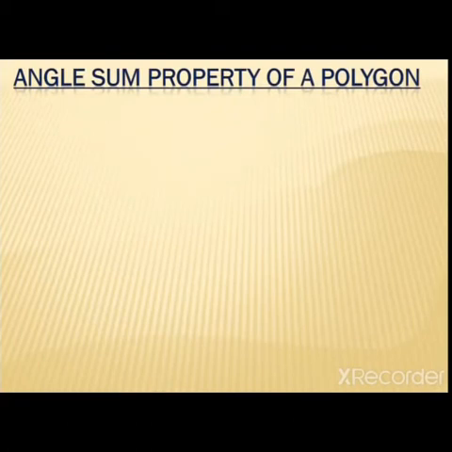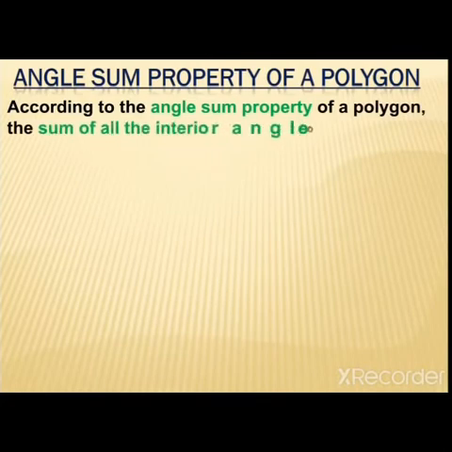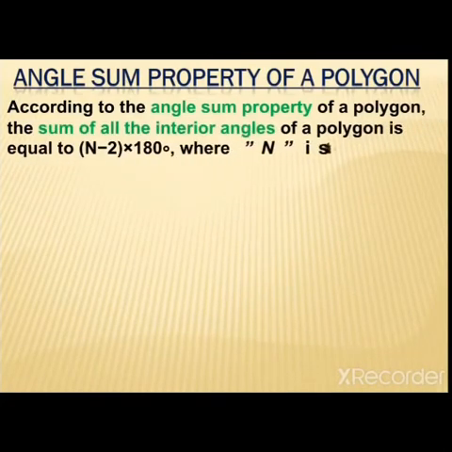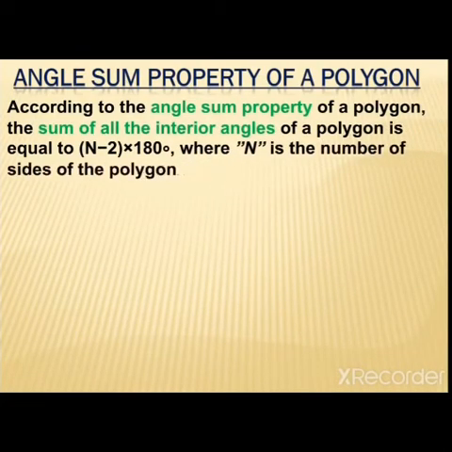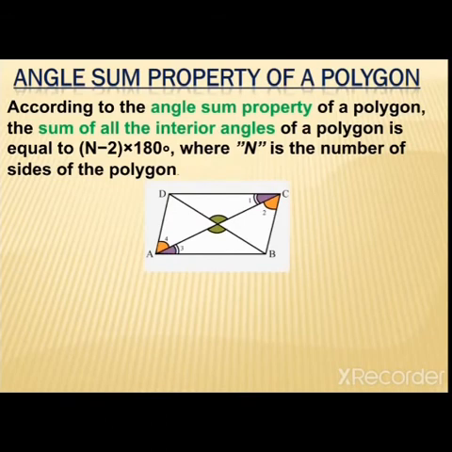Now angle sum property of a polygon. According to the angle sum property of a polygon, the sum of all the interior angles of a polygon is equal to (n minus 2) multiplied by 180 degrees, where n is the number of sides of the polygon. Now see this figure. One quadrilateral is given. A, B, C, D: 4 vertices.